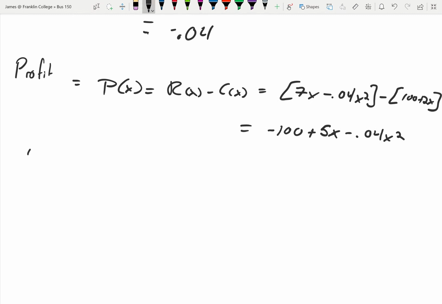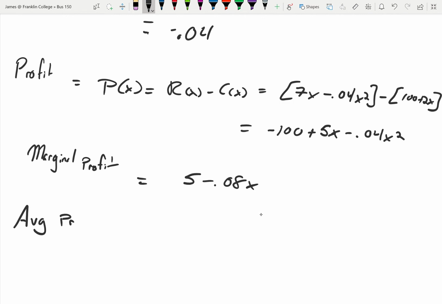You can calculate marginal profit by taking the first derivative of our profit function, and we're just going to get 5 minus 0.08x. We can calculate what our average profit function will be.